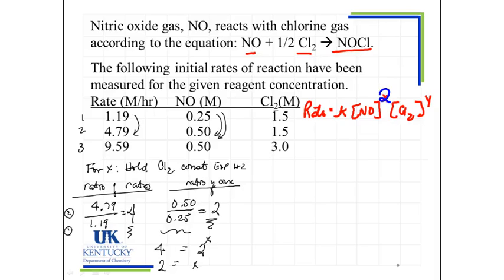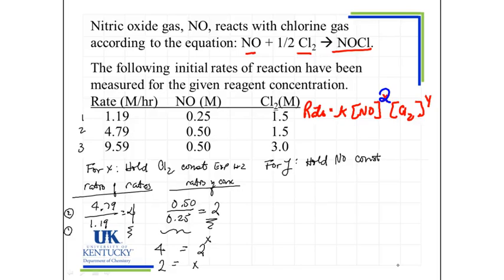Now we're ready to look at y, the order of chlorine. Again, we want to choose experiments that hold the other substance constant. So we want to hold NO constant. Look at that data and decide which experiments do that. Let me erase these to get them out of my way.